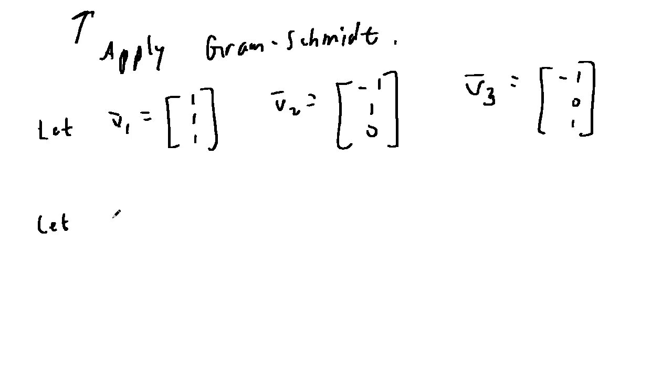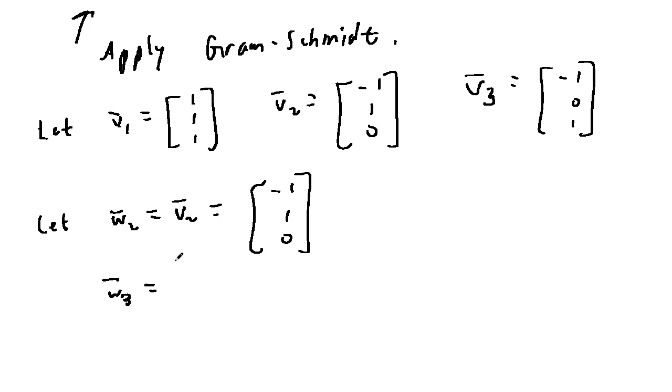So let w2 be just v2. And let w3 be v3 minus the projection of v3 onto v2, or in this case w2.